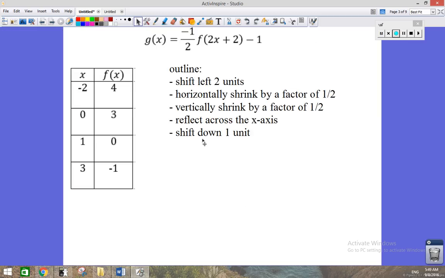I've pre-made some of these slides just to save time on the video. We need to do the horizontal shifts left and right first. The plus 2 is bizarre in its behavior. It's actually a shift to the left 2 units. So that original parent function is going to shift to the left 2 units.